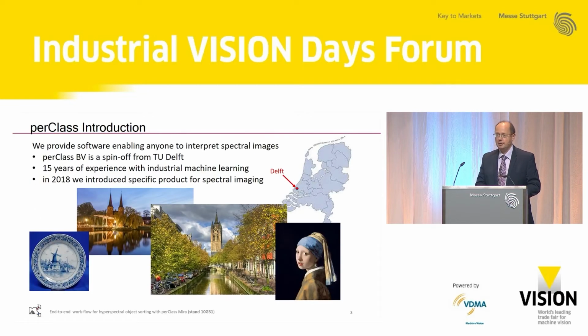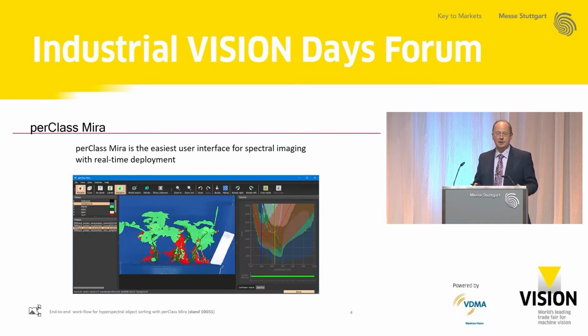A little bit about perClass. We are a Dutch company. We have now more than 15 years of experience in industrial machine learning, building algorithms, and deploying algorithms in an industrial setting. We have gradually focused on multi-band spectral imaging, and in 2018 we brought a specific product for this market that is called perClass Mira, which is the easiest user interface for interpretation of spectral images with real-time deployment.